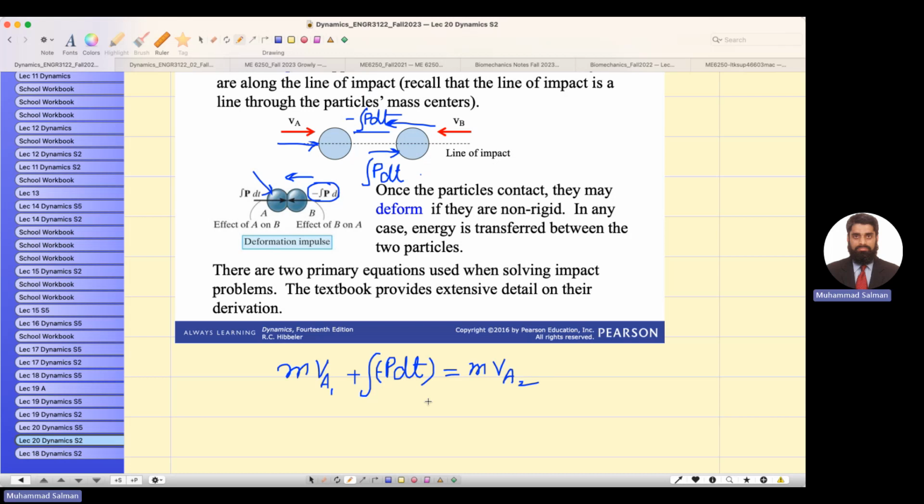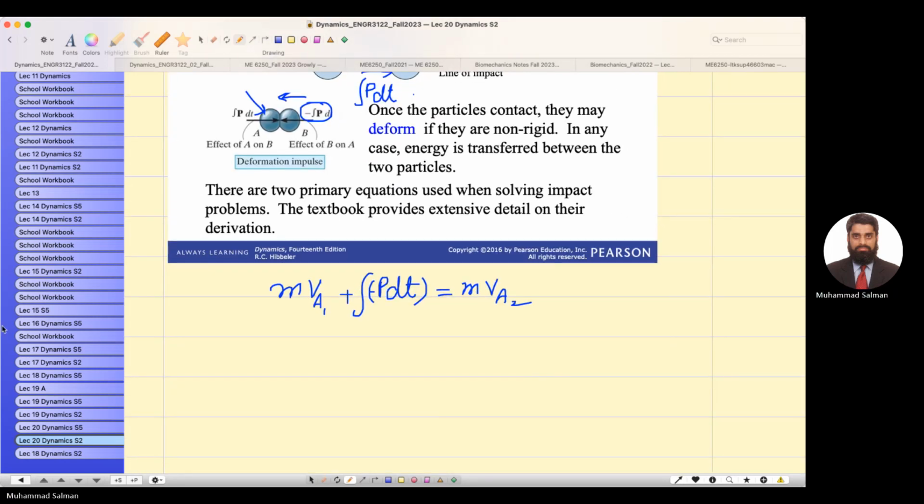Because the force on particle A is on the left side. The velocity of particle A is to the right. The force exerted on particle A is to the left. And from here, if I ask you, can you find out force P? If I tell you the final velocity and initial velocity, you will use this equation.